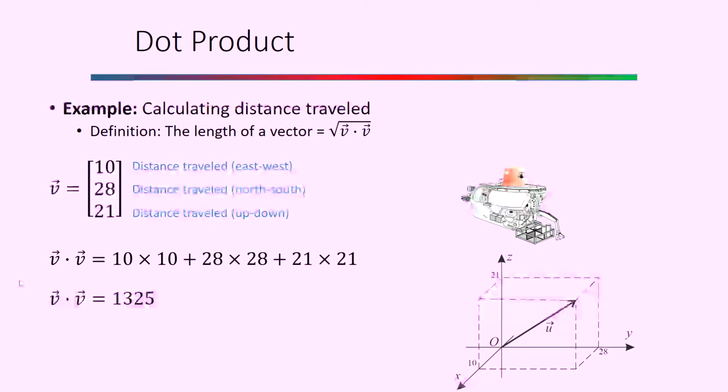This works out to be 1,325. Now if we want to calculate the distance traveled, all we need to do is take the square root of the dot product. The square root of 1,325 is approximately 36.4 meters. So that's the distance that our submarine traveled.